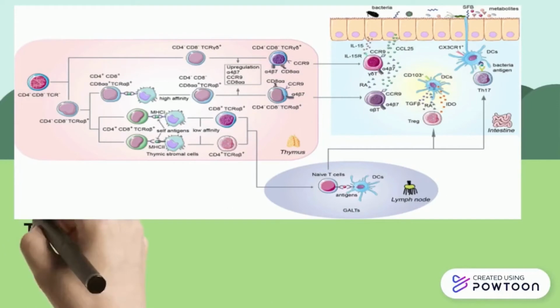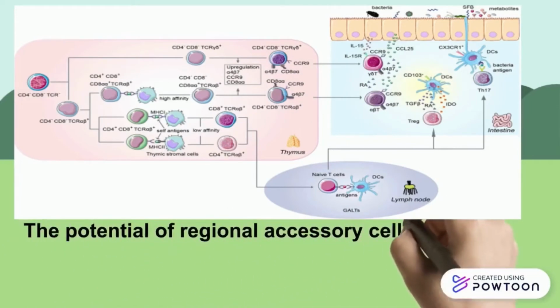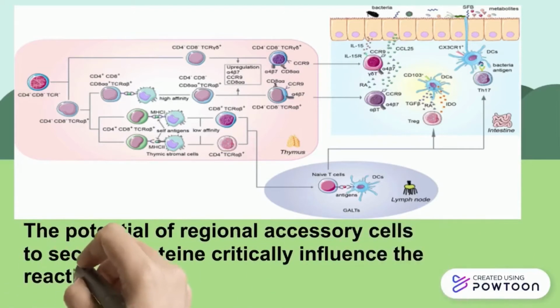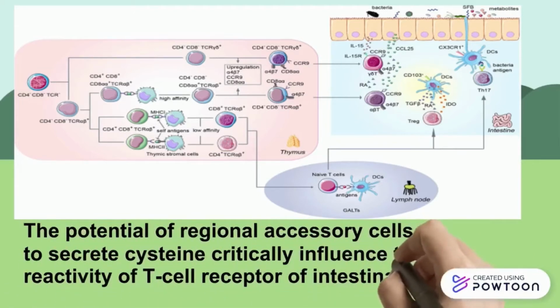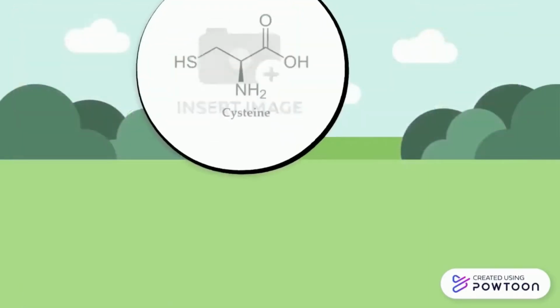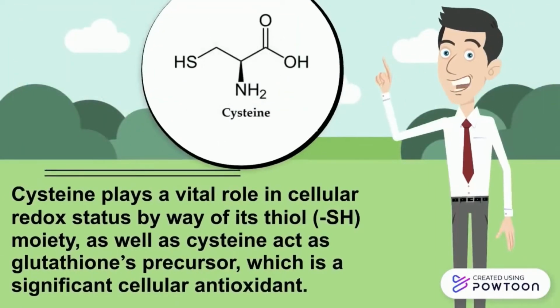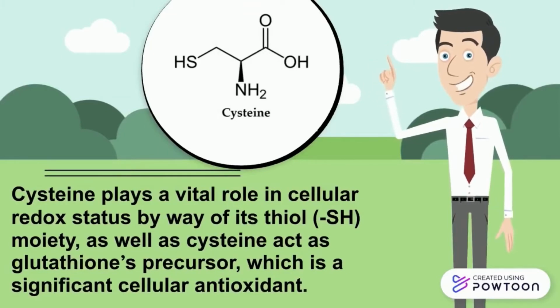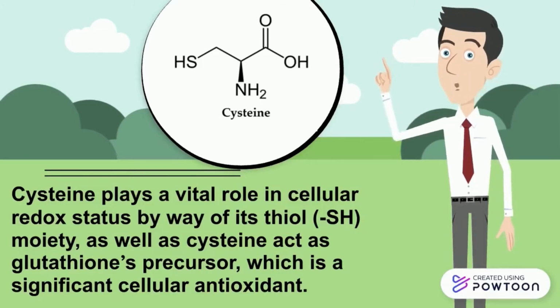The potential of regional accessory cells to secrete cysteine critically influences the reactivity of the T cell receptor of intestinal lamina propria T cells. Cysteine plays a vital role in cellular redox status by way of its thiol moiety, and it acts as glutathione's precursor, which is a significant cellular antioxidant.